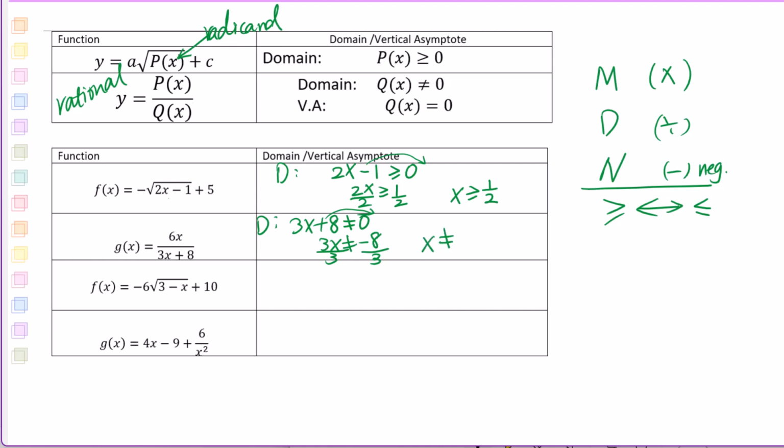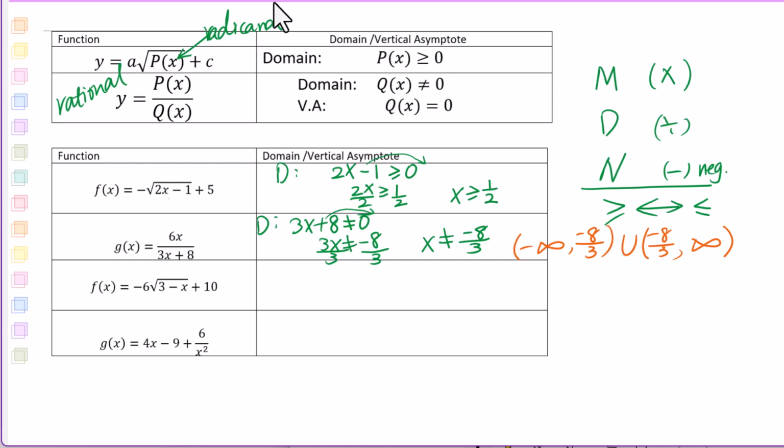X not equal to negative 8/3. You can write the interval like this: negative infinity to negative 8/3, union negative 8/3 to positive infinity.